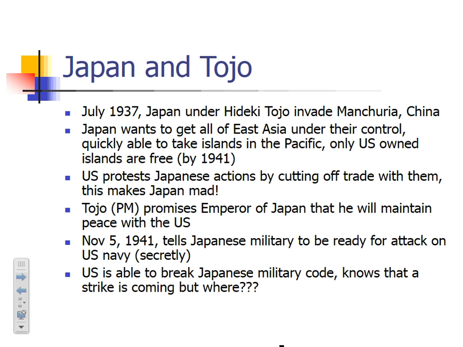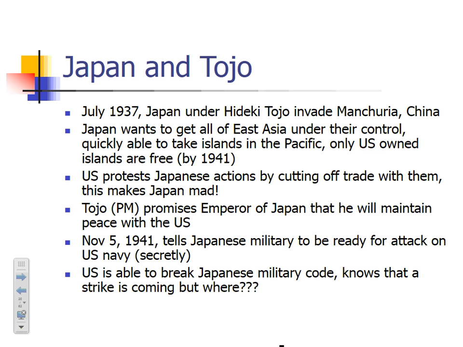And so by 1941, the only islands that have not been taken over by Japan are those owned by the United States. And the United States is like, Japan, you need to stop. You're being very naughty. And so, again, we don't want to attack them because we don't want to get involved in the war. So we cut off trade with them. We put them on a trade embargo, which seriously affects the amount of oil that Japan has access to.